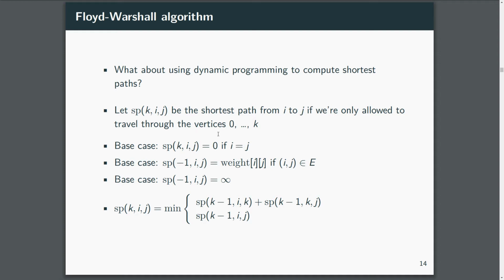So our base case is 0 if the vertex I and j are equal. We also have the weight of the edge from I to j if we're not allowed to use any vertices here. And then if there isn't an edge between them, then that will be infinity.